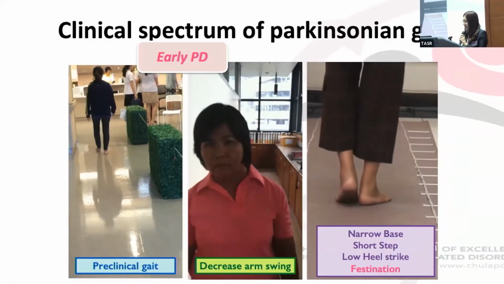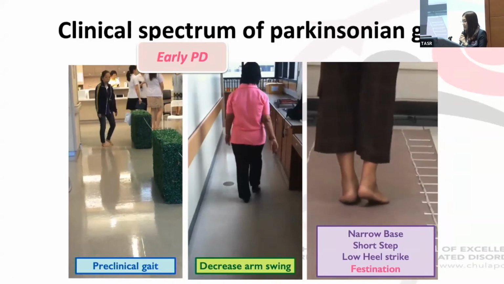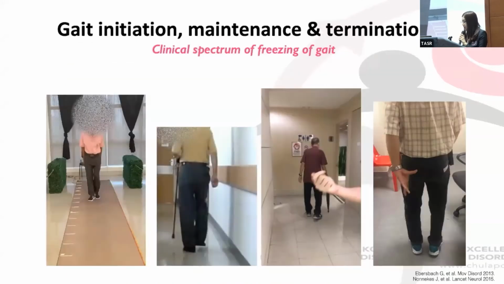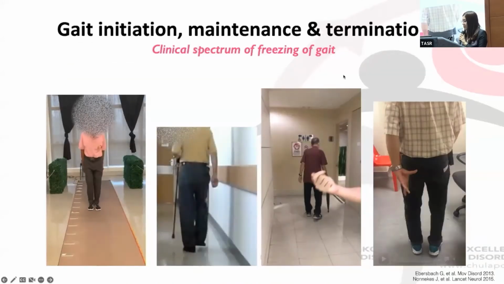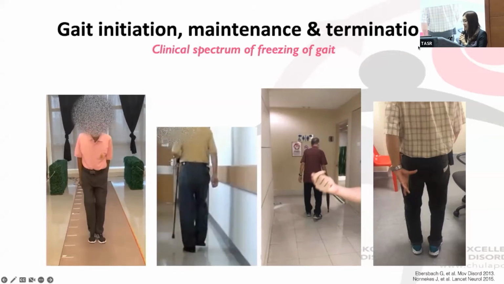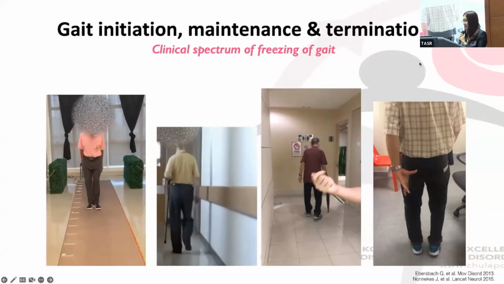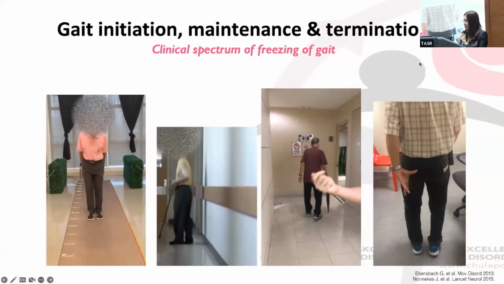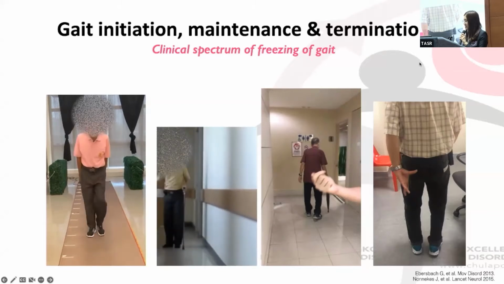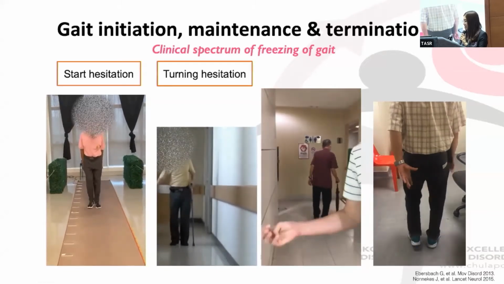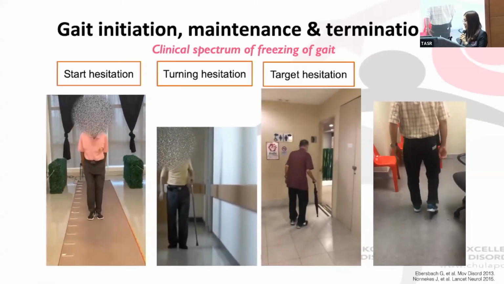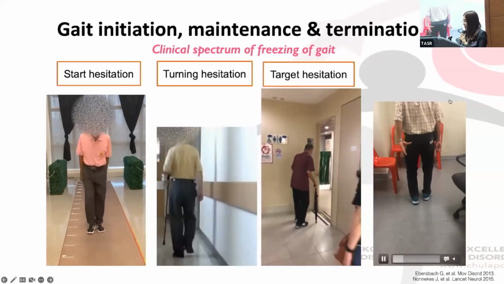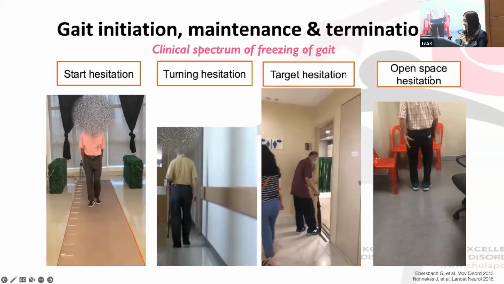In the late stage of PD, some patients may also have freezing. As I said in the previous section, freezing doesn't occur all the time. So it has various clinical manifestations, depending on the provoked situations, like when patients are at the start, turning, approaching the target, or if severe, patients can have freezing when they walk in an open space.